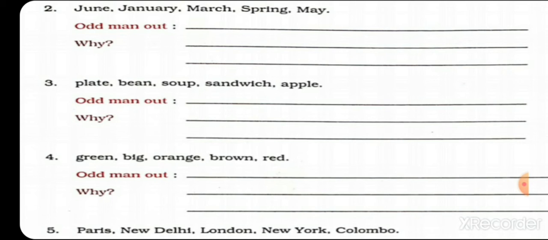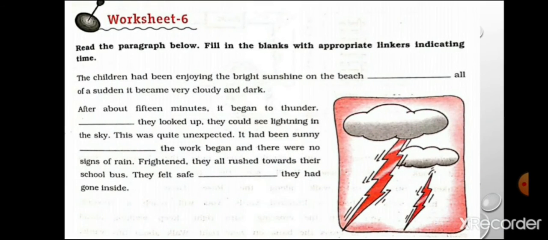Okay, why, beta? Spring is a season, whereas others are names of months. Then plate, bean, soup, sandwich, apple. Here, plate is odd man out. It's not an eatable. Okay, like this, students, try to complete worksheet number 5.